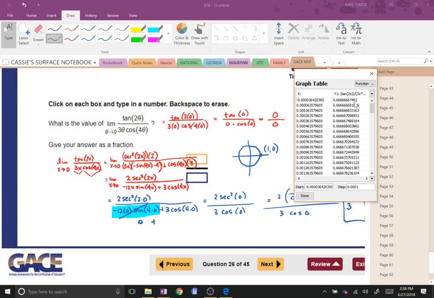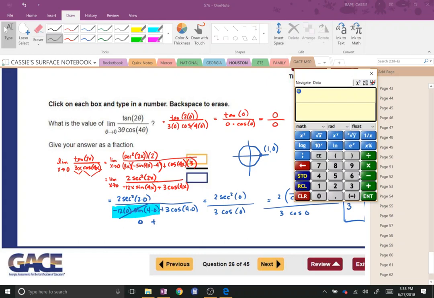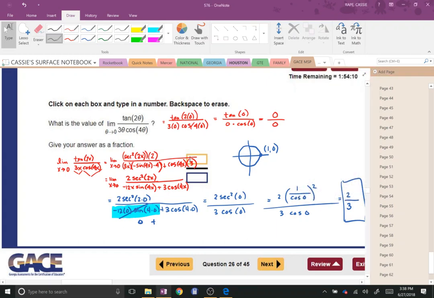So 0.666 repeating is 2/3. That is another way you could get at a limit even if you don't know calculus-wise how to calculate that limit: tiny increments, close to the number that won't work with direct substitution.